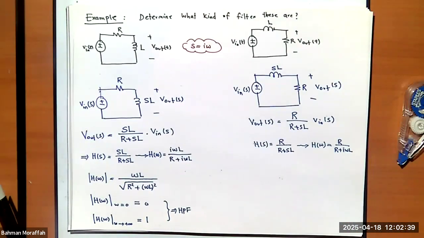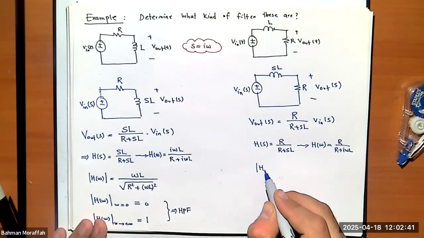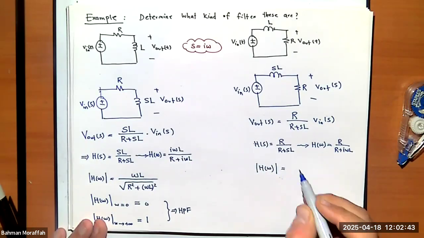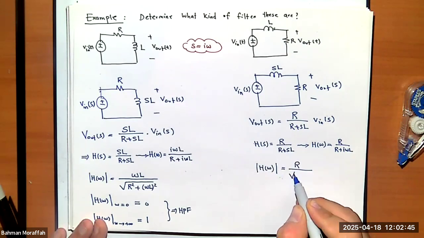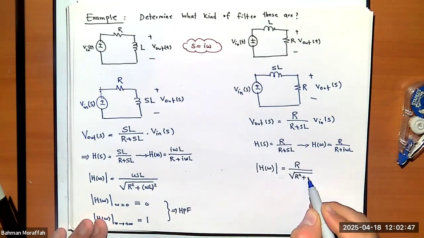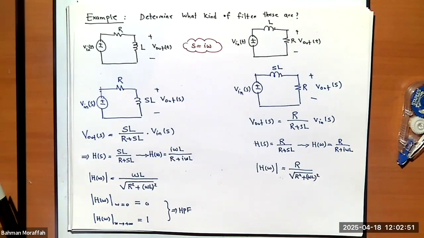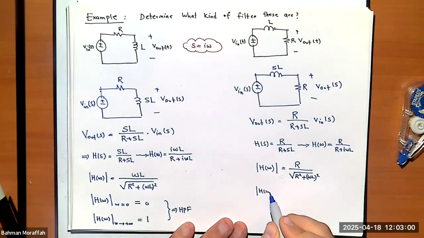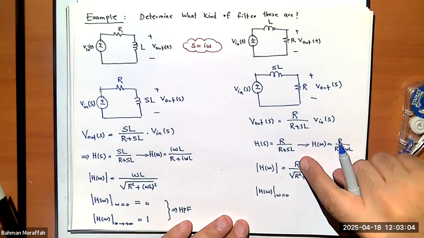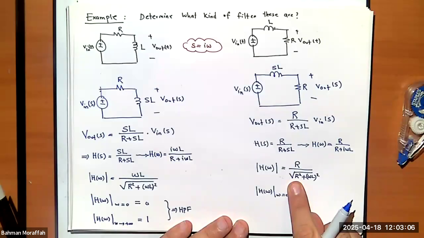How about this one? Well, if I look at the absolute value of H of ω, that is R divided by the square root of R squared plus ωL, the whole thing squared. Right? Again, I got to know what it's like around very low frequencies and very high frequencies. So if I look at H of ω, ω is 0. So I have R divided by the square root of R squared.